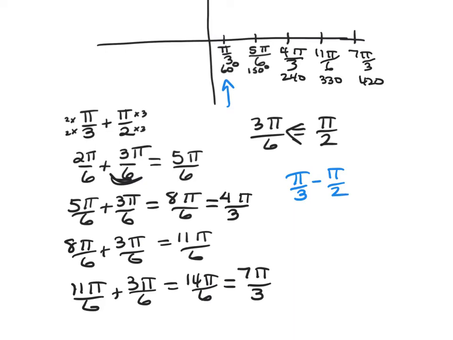Remember, for my common denominator, just like I did up here, I'm going to change this into 2 pi over 6 minus 3 pi over 6, which gives me negative pi over 6. So this is actually negative 30 degrees. Because remember, you needed a gap between these two of 90 degrees.